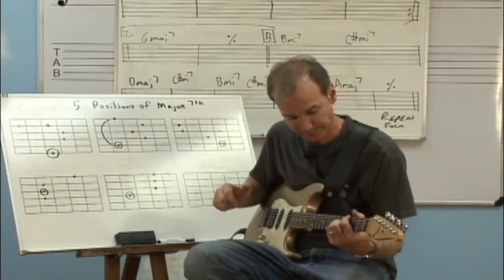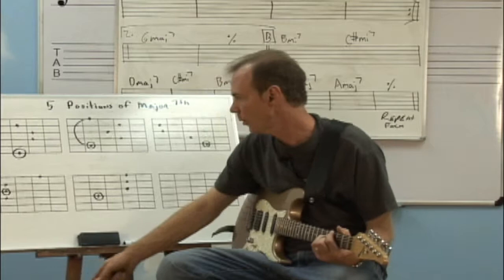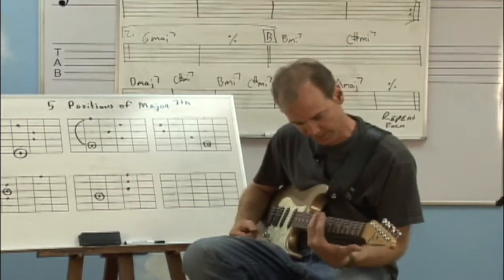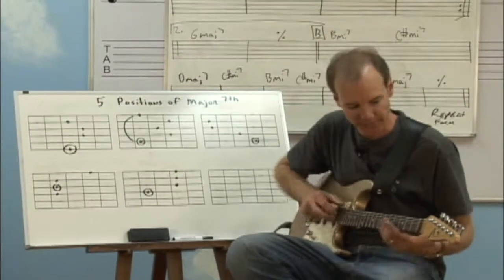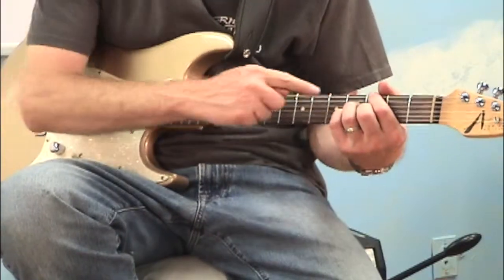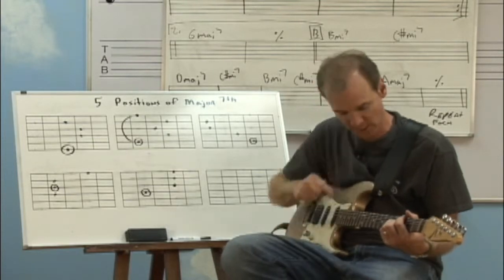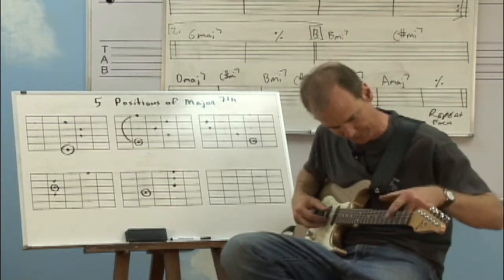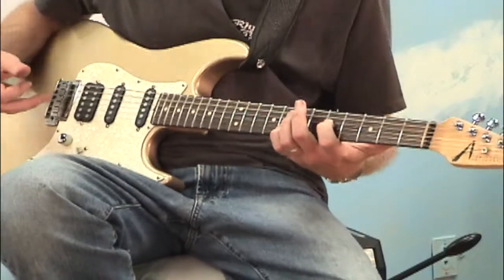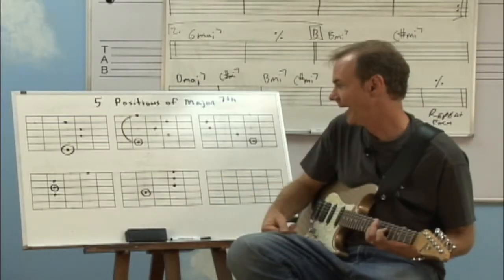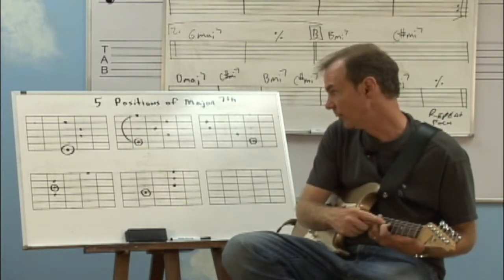Okay, what would be the next position? Looking at my forms right here, what would be the next chord that would be a position up that we could play for major 7th? Ask yourself the question, well, all you have to do is look at the next position of G roots to answer that question. Well, if you look in the next position up, we've got a G root there and a G root right there. And if you look at the forms that we have, you could probably look at this and understand which root you're going to play.